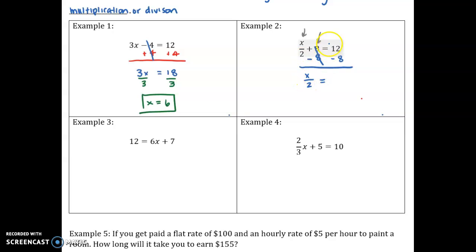So we still have the x over 2, the 8's cancel, and we have 12 minus 8, which is 4. Then, since it's x divided by 2, the opposite of dividing by 2 is multiplying by 2. The 2's cancel, and you are left with 4 times 2, which is 8.